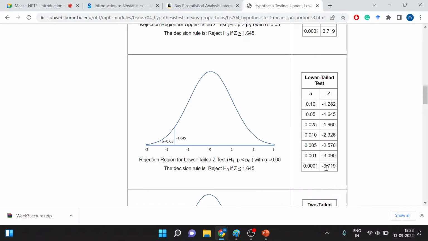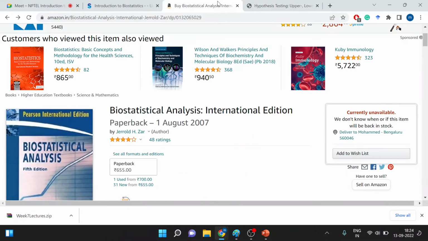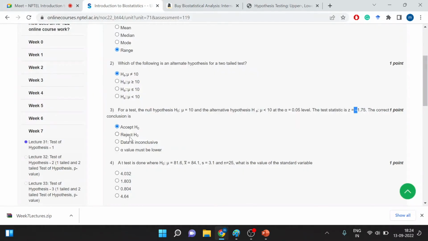Obviously the actual value is decreasing, but as the alpha value decreases, the magnitude of your z value increases. So what it tells you is, if the magnitude of your z value is higher than 1.645, then you should reject the null hypothesis.